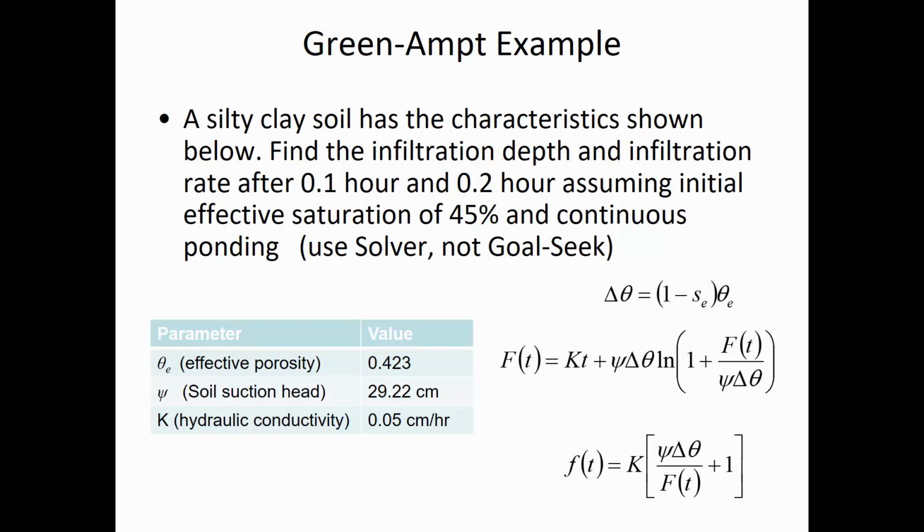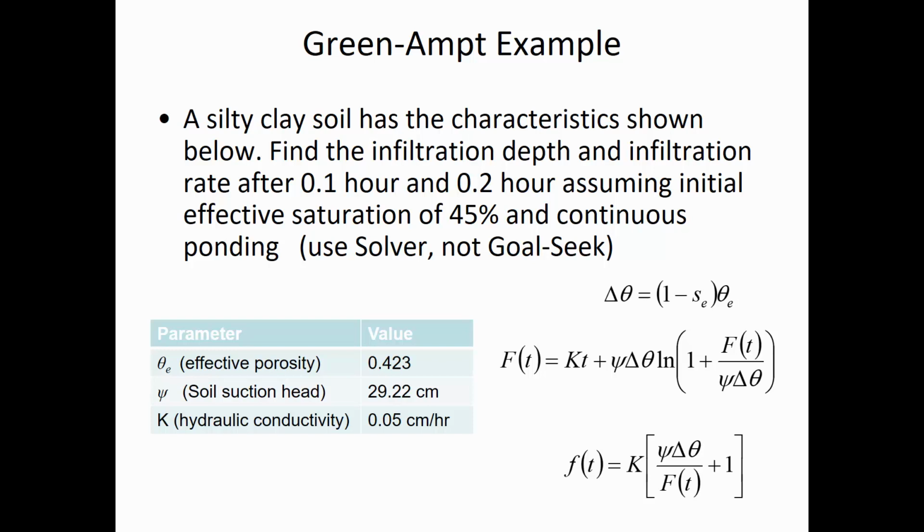That's how much storage capacity there is on a per unit volume basis. Right now the space is mostly full with soil particles and existing moisture, so only 23% on a volumetric basis is available to absorb new water.